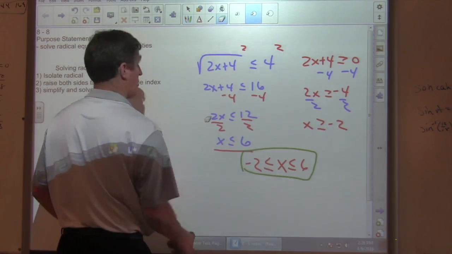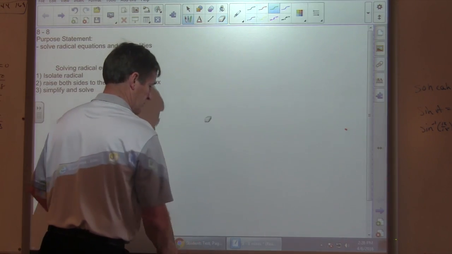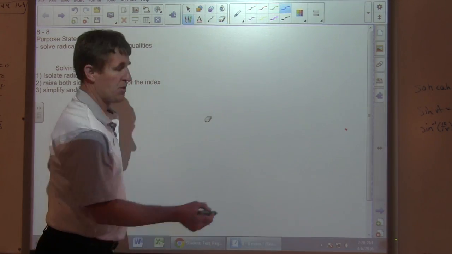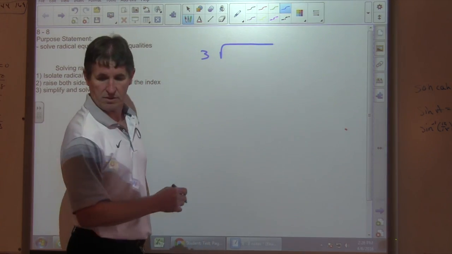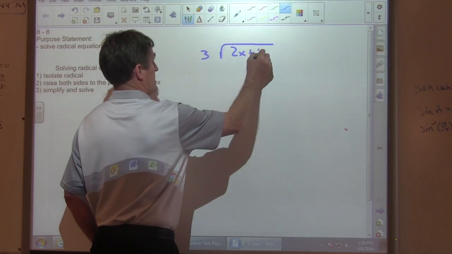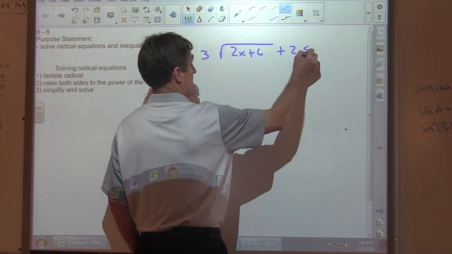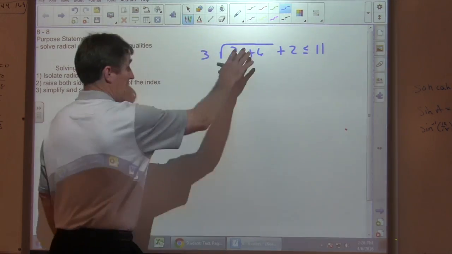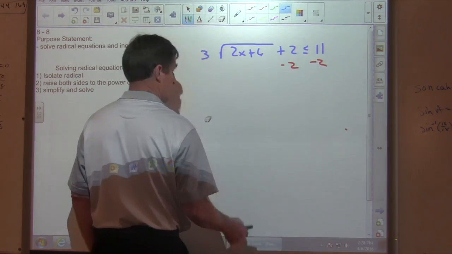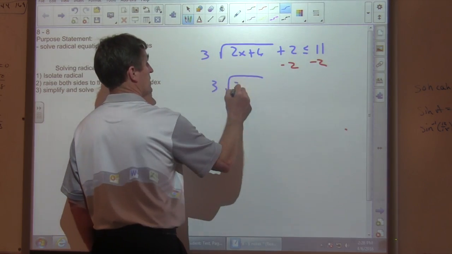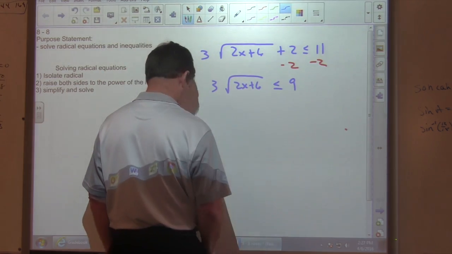So let's look at a little more complicated problem. 3 times the square root of 2x plus 6, plus 2, is less than or equal to 11. So again, we're going to isolate the radical first. So we're going to subtract 2. We get 3 times the square root of 2x plus 6 is less than or equal to 9.